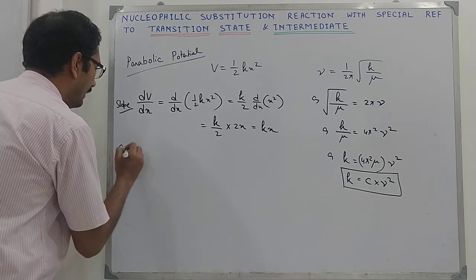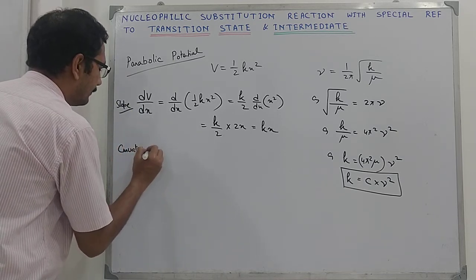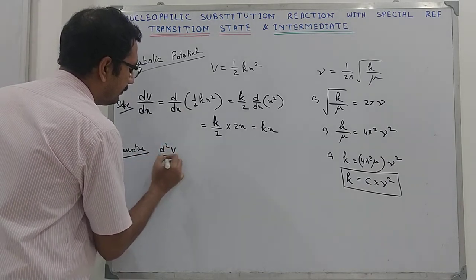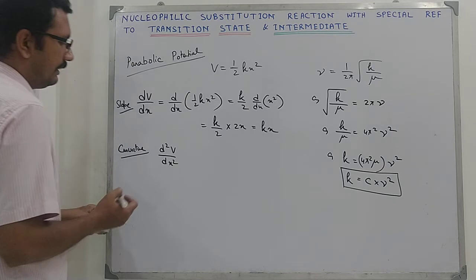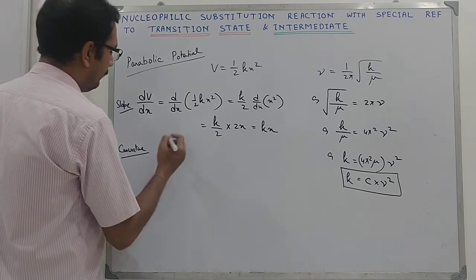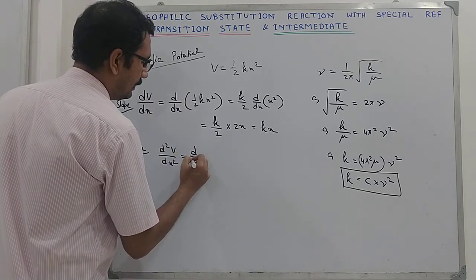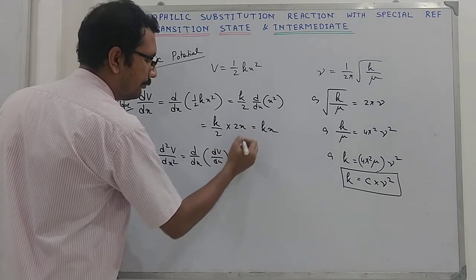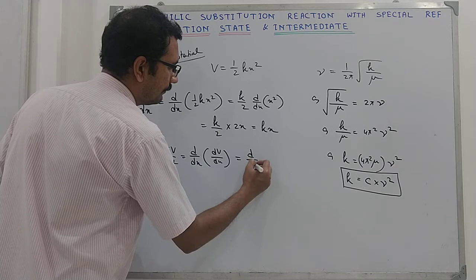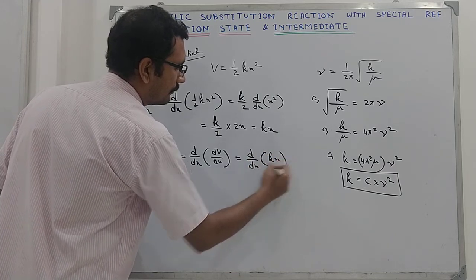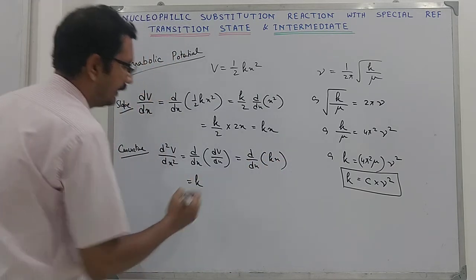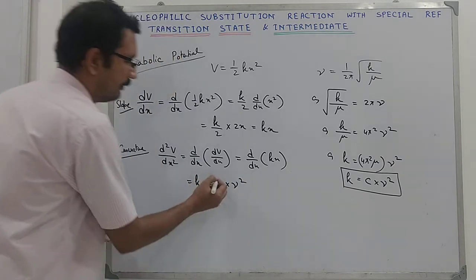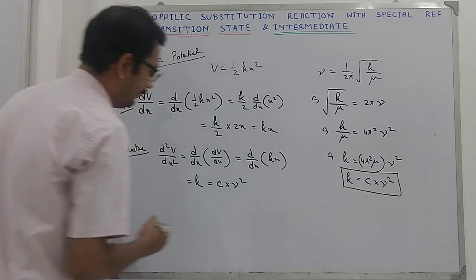Now we intend to have the curvature of the potential. Curvature is the double derivative of the potential with respect to displacement. So that is d2 dx2 of V. It is d dx of slope. So we put kx here. So you get k equals c into nu square. C is the constant. We put this value here.